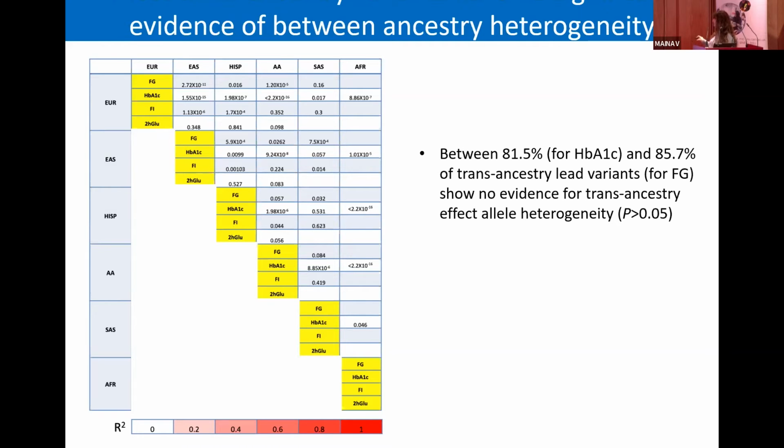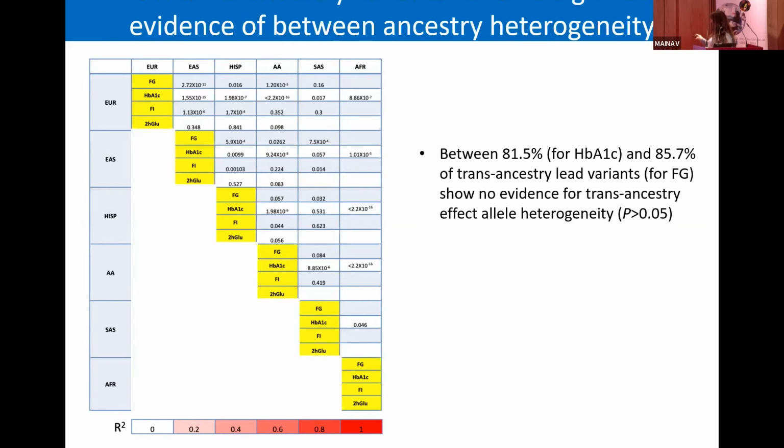Most of these did, but when we did a sensitivity analysis and removed, one by one, the variants that themselves had evidence of heterogeneity, we found that overall 80% of the loci had no evidence of effect size heterogeneity, but the flip of that is that 20% did have evidence of some heterogeneity of effect size across the different ancestries.